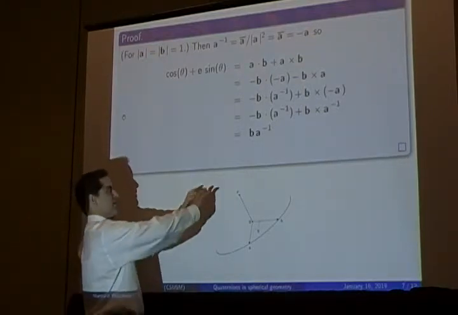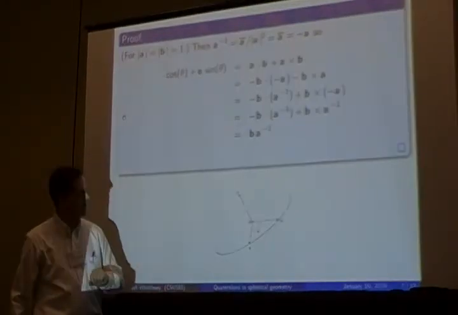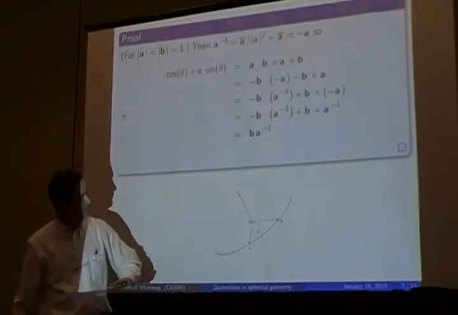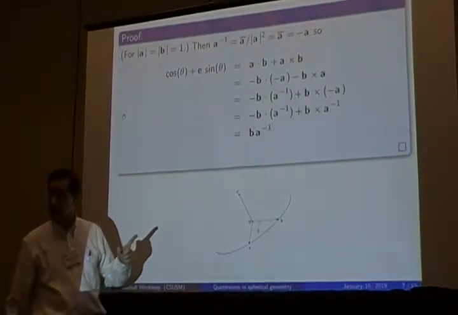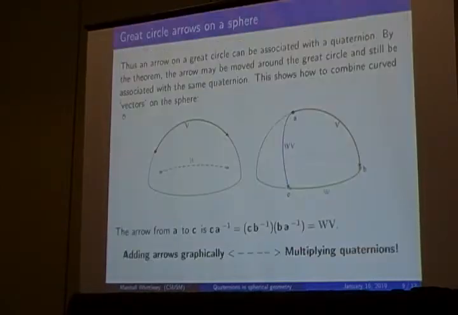If we have a big sphere here containing this circle and of course E, and the arc from A to B is a great circle, then it associates to that directed great circle arc a particular quaternion. This picture illustrates this somewhat better.